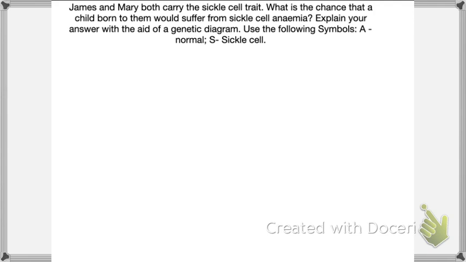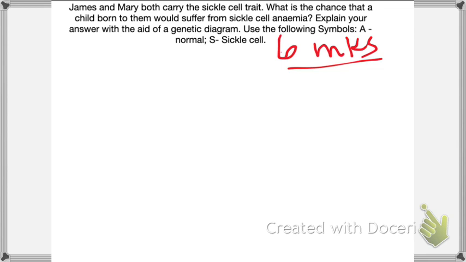Explain your answer using the aid of a genetic diagram, and use the following symbols: A for normal and S for sickle cell. A question like this is worth 6 marks in the exam. And as you can see, it will be 6 very, very simple marks.